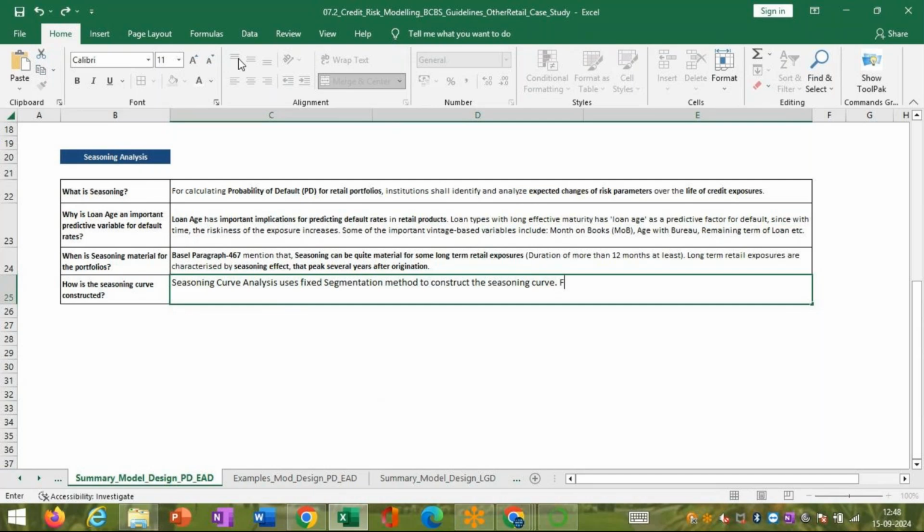Under the fixed segmentation method, exposures do not migrate even when their core risk profile changes. So if I do not migrate my exposures when the risk profile changes, it means I am adjusting for all changes in the risk profiles.